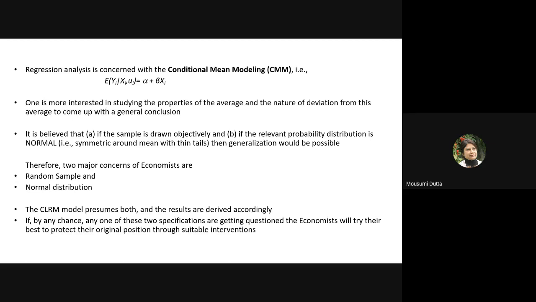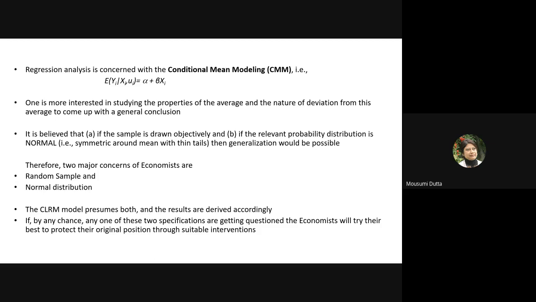In other words, we are trying to find out the expected value of y given the set of explanatory variables and the random error component. So we are trying to find out the expected value of yi, and that will give us alpha plus beta xi, and this alpha plus beta xi will be very close to the population line.